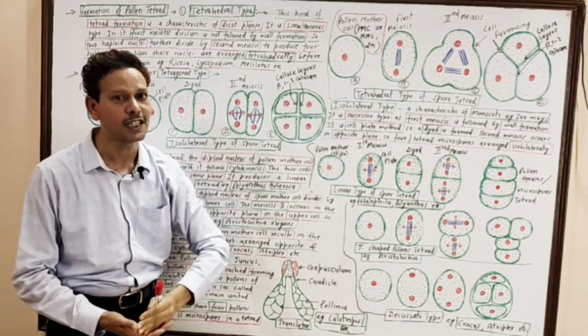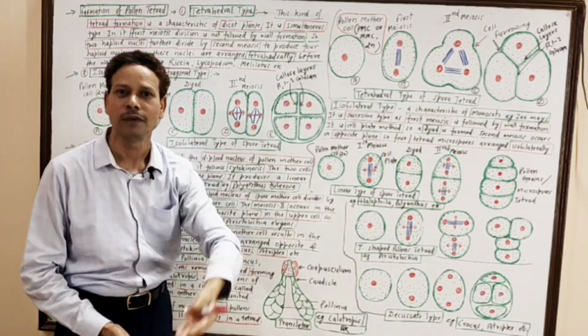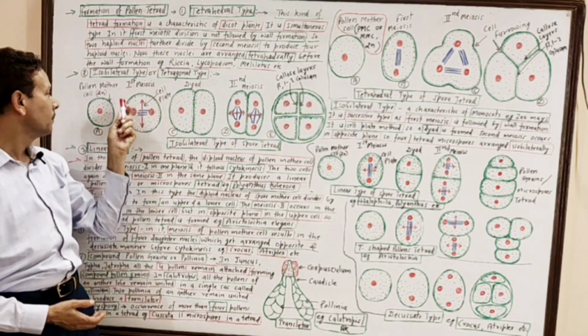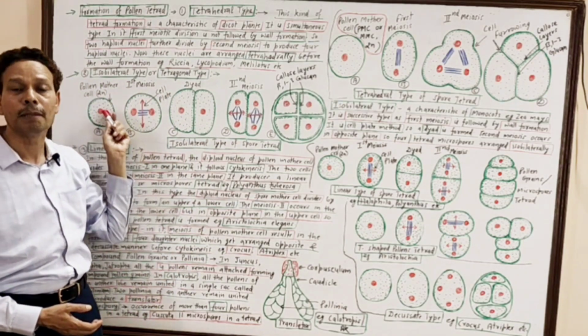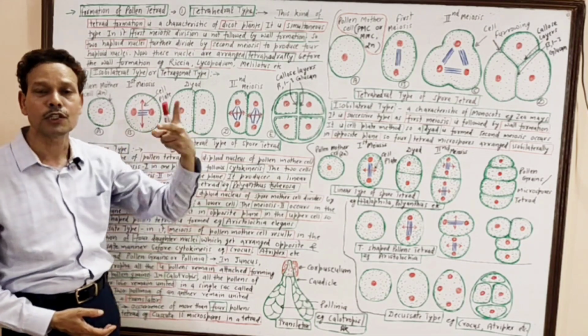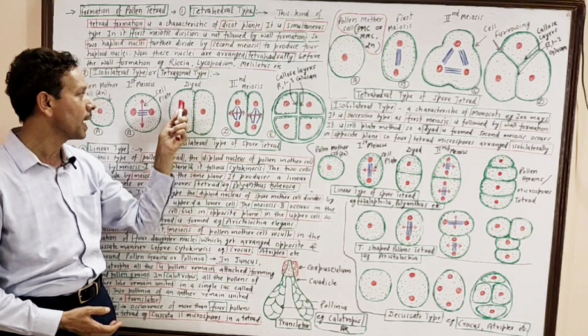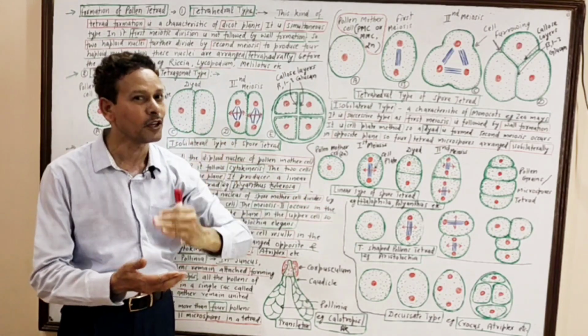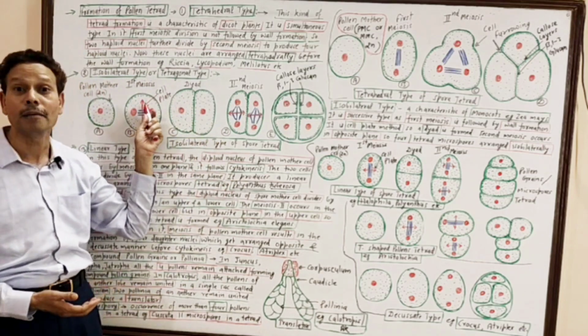First meiosis, this pollen mother cell, which is a diploid cell, undergoes first meiosis, and after first meiosis, two nuclei are formed. Then cell wall formation occurs by cell plate method.